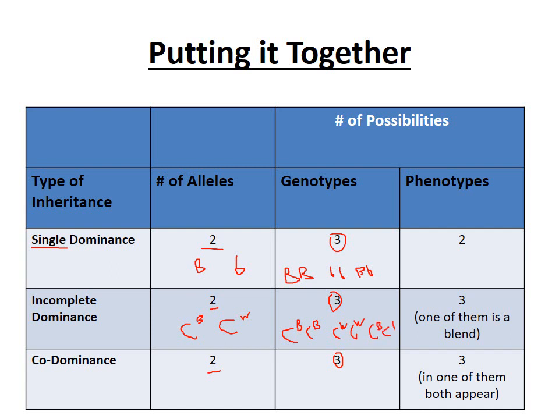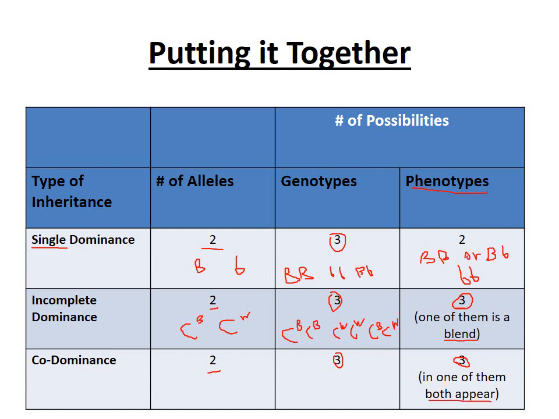Where things really look different is in our phenotype. For complete dominance or single dominance, you only have 2 phenotypes. You have, for example, the black, which could be big B, or big B, little b, and the white, which is little b, little b. However, when you have incomplete dominance and codominance, you now have 3 possible phenotypes. One of them is that blend that was created, the intermediate, and the other one, in the case of codominance, is the case where both of them appear.